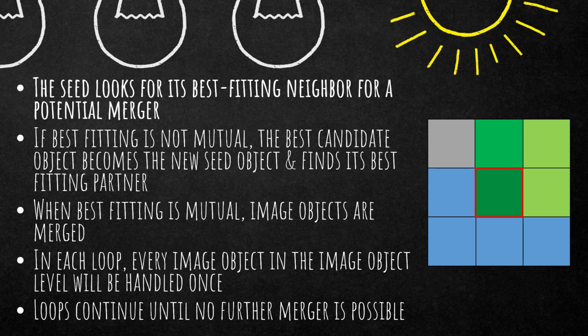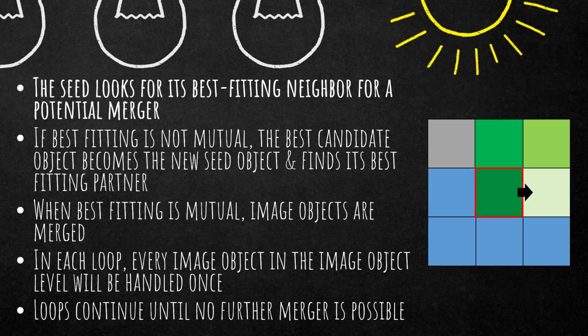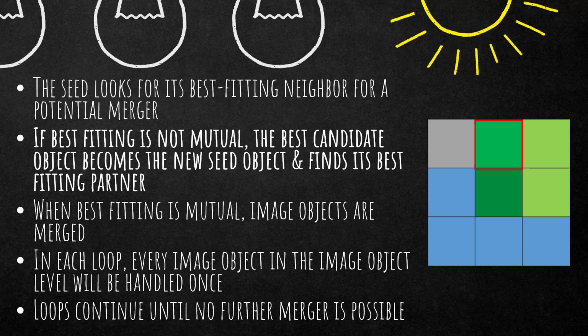First, I would like to show you a small animation of how this procedure works. So first of all, the seed looks for its best fitting neighbor for potential merger. That's the rectangle in the middle. So it looks around and checks its neighbors and looks for the best fitting one. So the top one, this dark green one, would in this case be the best fitting one for the central image object.